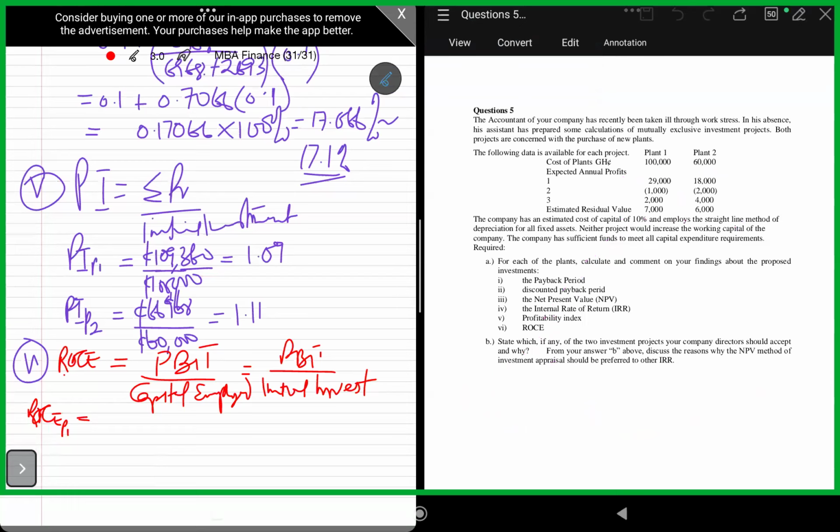So for plant one, we will pick 29,000, which is positive, then minus 1,000, which is negative, plus 2,000, which is positive. 7,000 is not a profit, so we will not include it. What's the initial investment for plant one? 100,000.